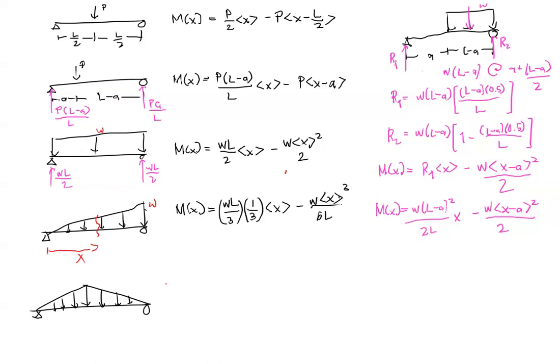Itong triangular load na to can be treated as if meron ako nito, isang malaking dire-diretso lang. And again, kung papangalanan ko ng omega to, kung omega dito sa midpoint, so L over 2 ito. Therefore, dito is 2W. So W pala, omega. Ito yung unang case.